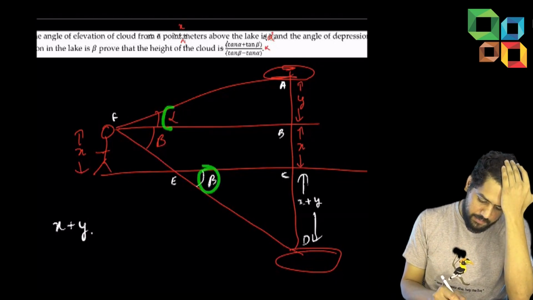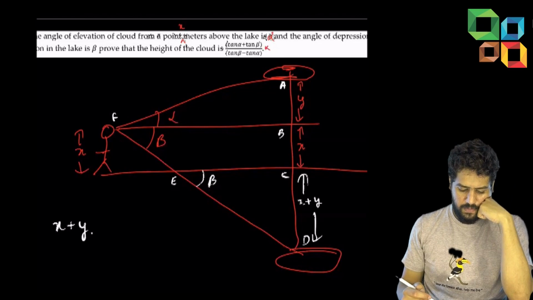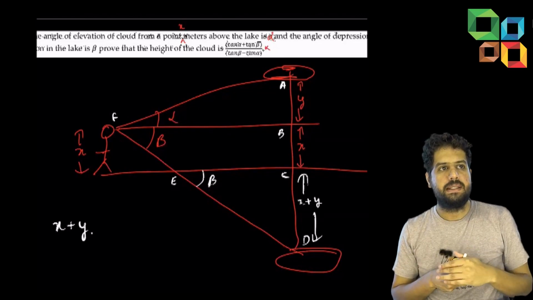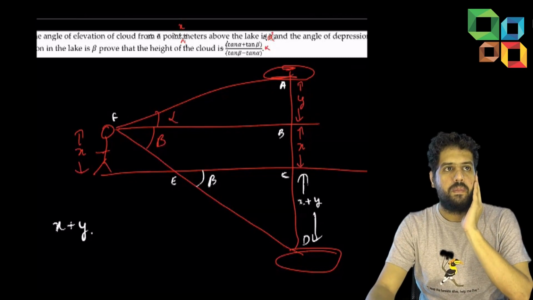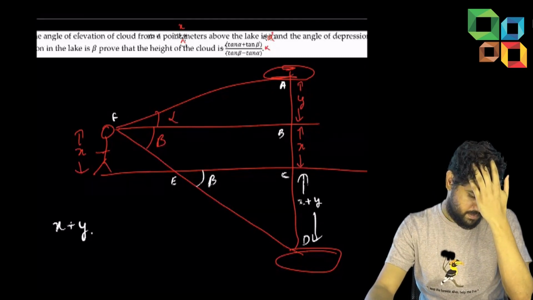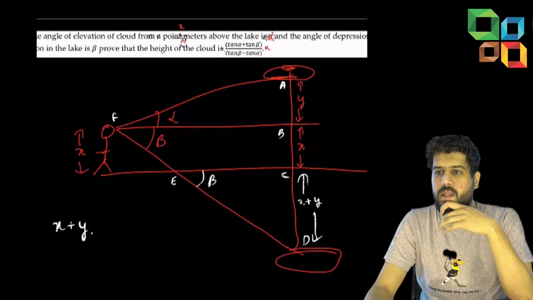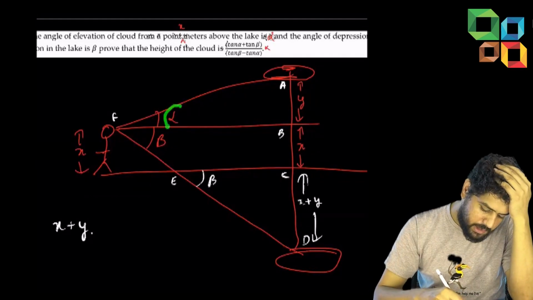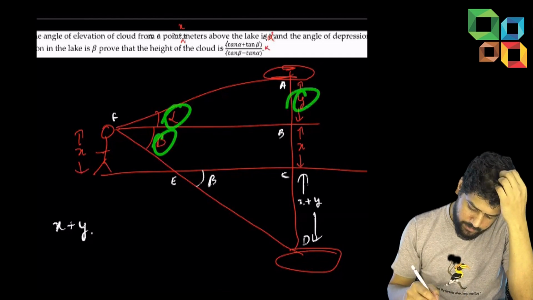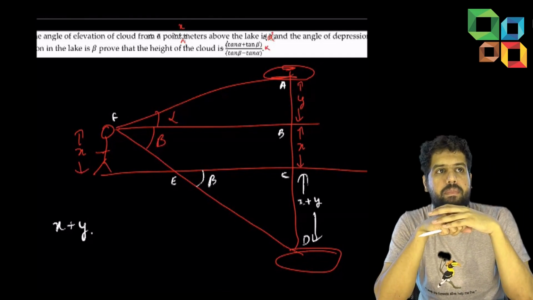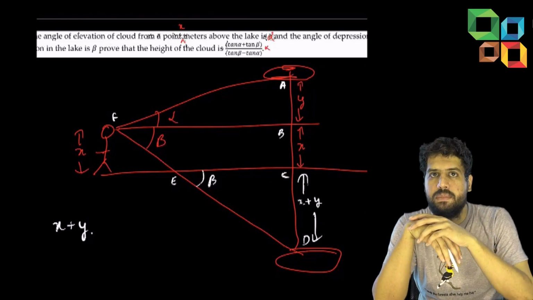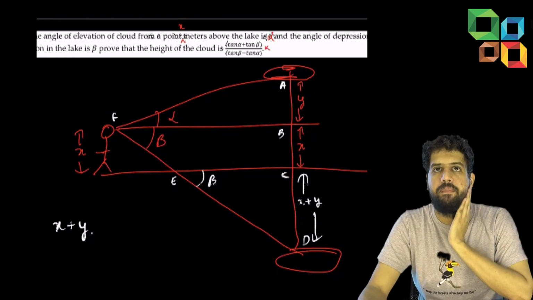Try it. You need a relation between alpha, beta, and y, to get y equal to something times x.